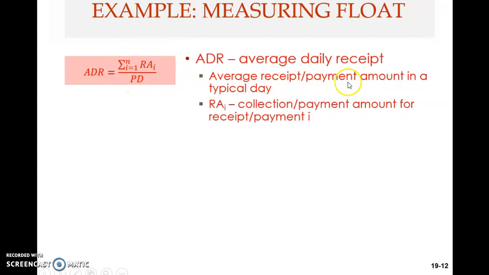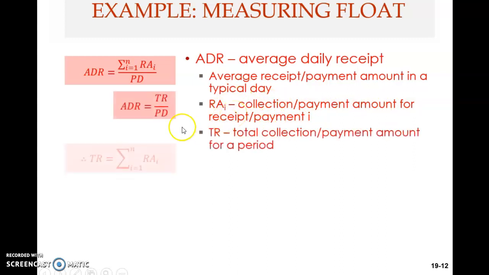So average receipt or payment amount in a typical day, that is the ADR. So RAI and PD we have explained before. ADR here is the average daily receipt. RA is the collection or payment amount for receipt or payment I. This we have explained earlier.